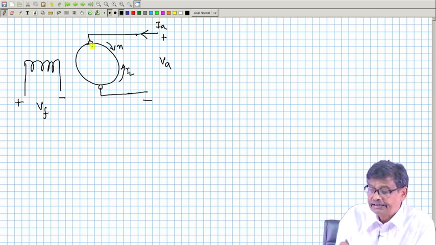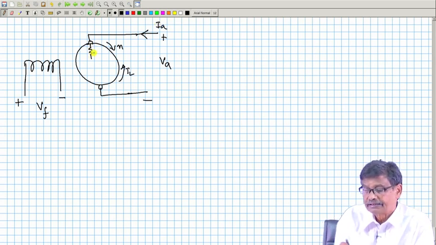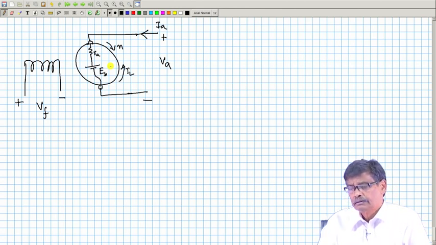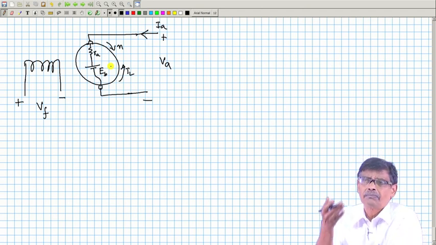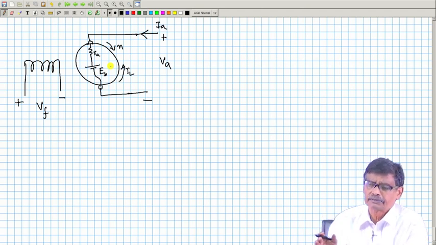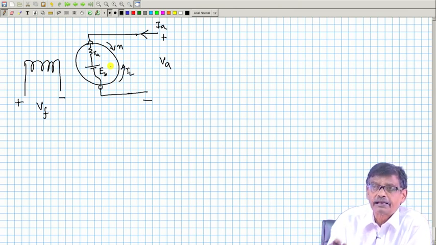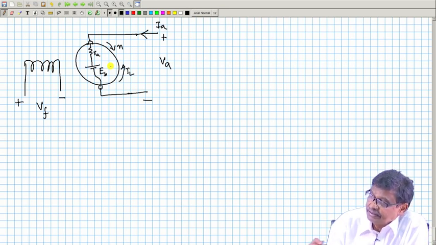Inside the armature it is Ra and the back EMF, which is K phi n. Okay. And you can solve a host of problems without any difficulty, provided you know the order of magnitude and things like that.